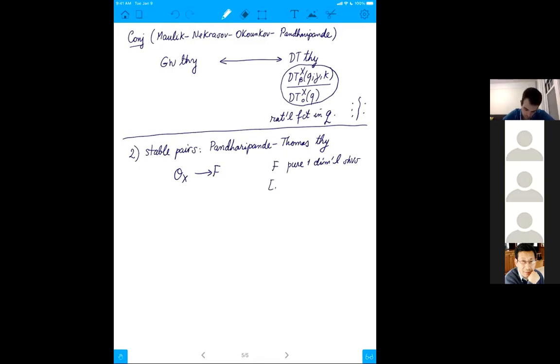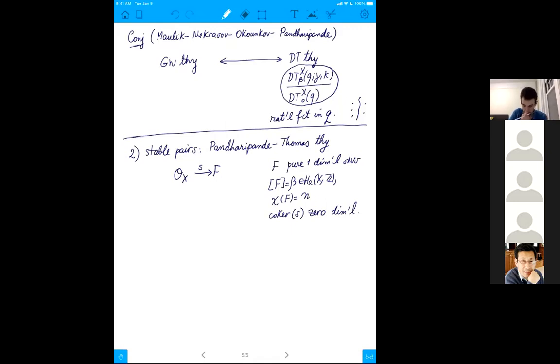We also assume that its support is beta as before, and its Euler characteristic is n. And moreover, we assume that the cokernel of S, this section, is zero-dimensional. So these are stable pairs.